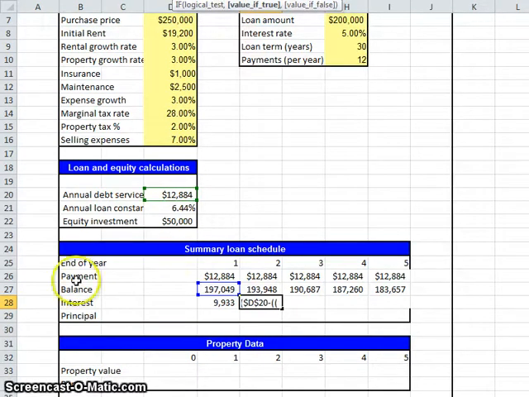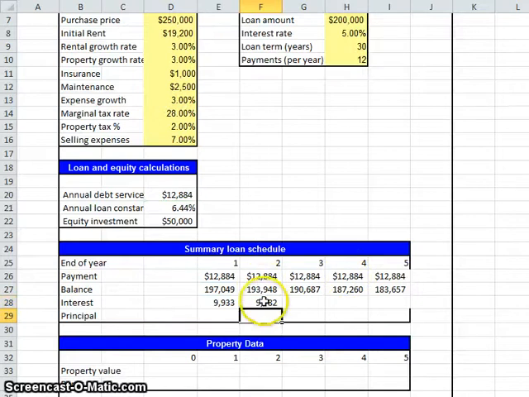And then we are going to take our balance minus this year's balance. That'll give us the second year interest rate, and then I should be able to copy this all over.